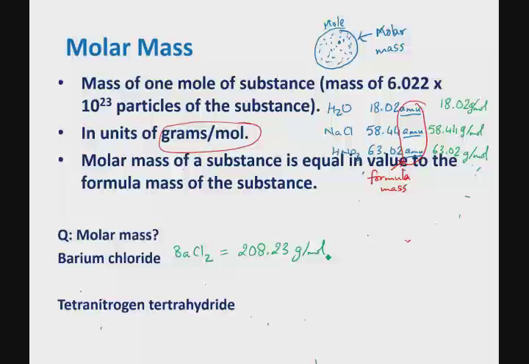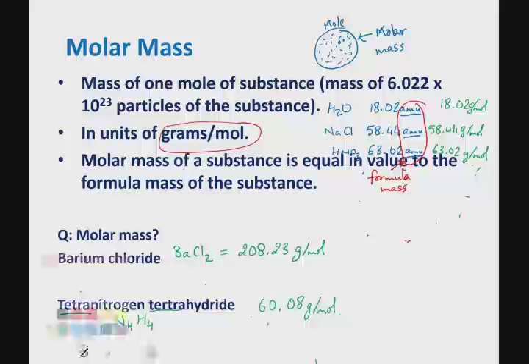Tetranitrogen tetrahydride is a molecular compound that is not an acid. It has 4 nitrogens and 4 hydrogens, so the chemical formula is N4H4, and its molar mass therefore comes out to be 60.08 grams per mole.